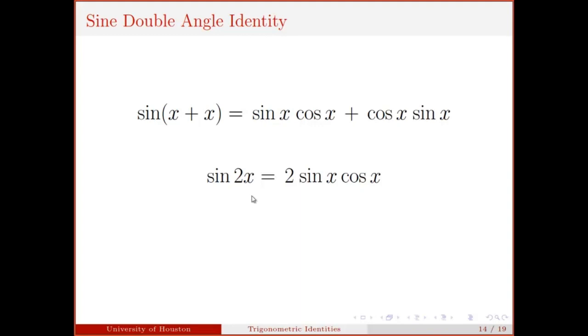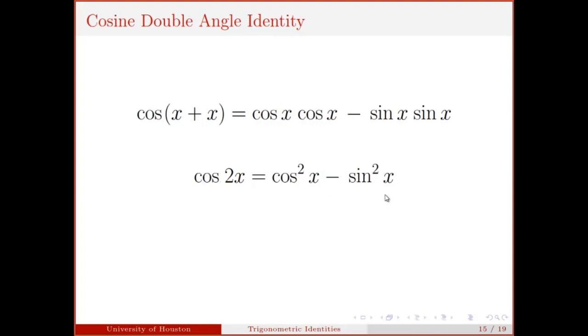This is the double angle identity for sine. Next, for the cosine function, we have cosine of x plus x equals cosine x times cosine x minus sine x times sine x. Therefore, on the left-hand side, we get cosine 2x, which equals cosine squared x minus sine squared x. This is the double angle identity for cosine.